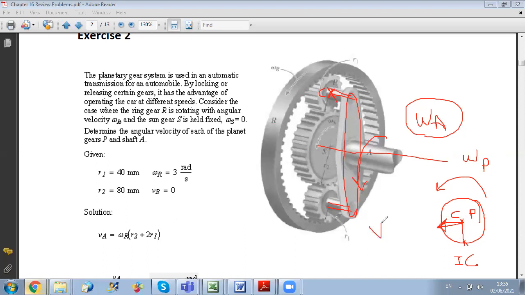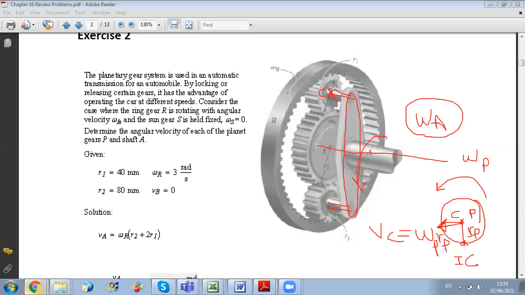So VC is towards the left, and in magnitude it's equal to omega P times the distance between C and IC, which is the radius of P. So VC is simply equal to omega P times RP.